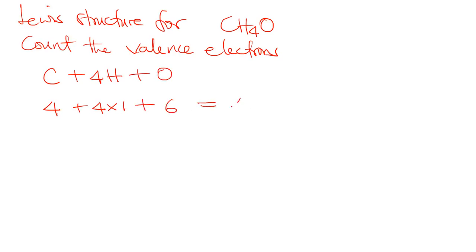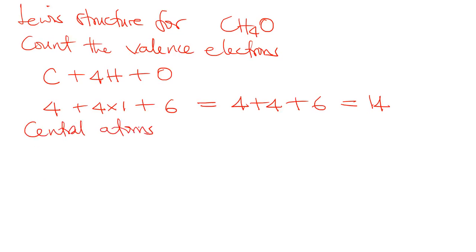So if we add 4 plus 4 plus 6, which is 14. This one has 14 valence electrons. So after that, we are looking for central atoms. So here, automatically, carbon will be a central atom.